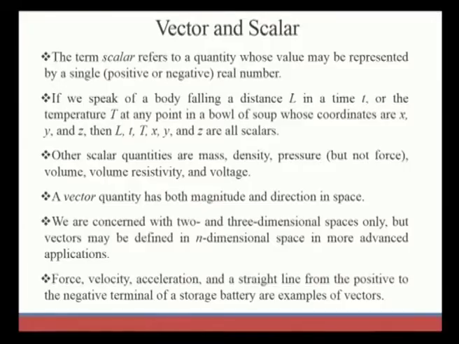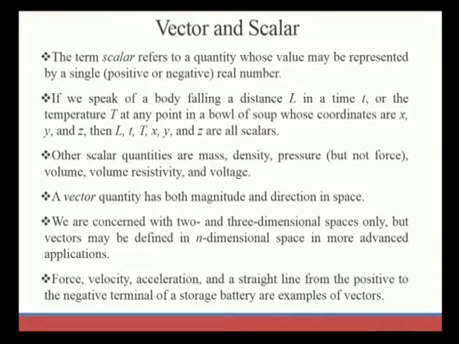If we consider the example of a body falling a distance L in a time t, or the temperature T at any point in a bowl of soup, with coordinates x, y and z, these are real numbers, only the magnitude is there. So L, T, and x, y and z represent scalars.